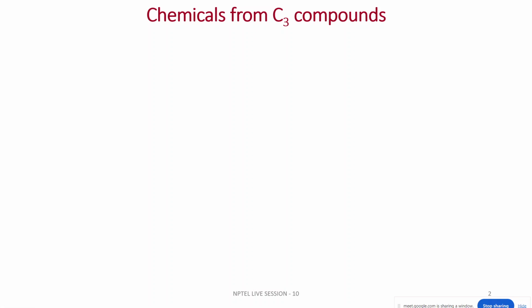What are the chemicals that we can derive from the C3 compounds? Propylene is directly derived from the petroleum crude source.